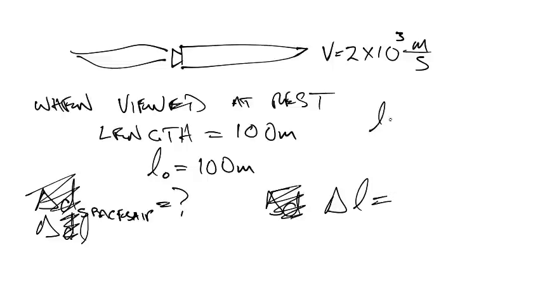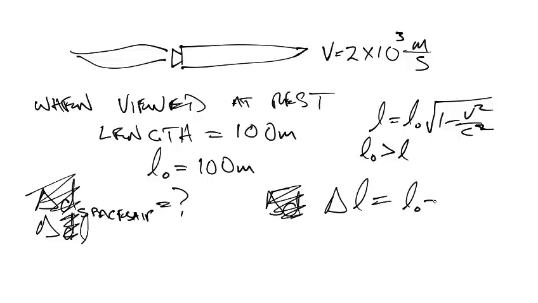So what we're looking for here is, which one's longer? Well, we know that the relativistic equation for length contraction is L equals L naught multiplied by the square root of 1 minus v squared over c squared. However, we know therefore that L naught is larger than L. Therefore, we would say L naught minus L, that's going to be how much it contracts by.